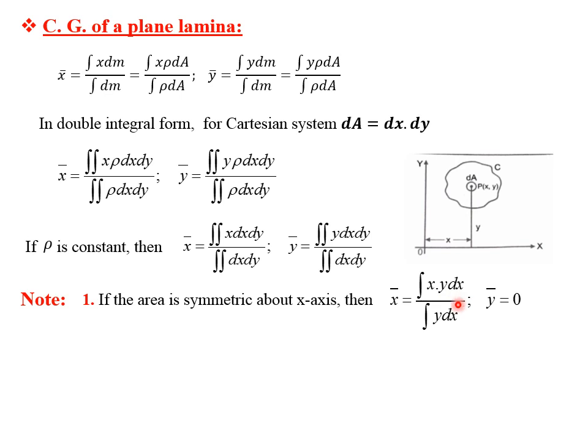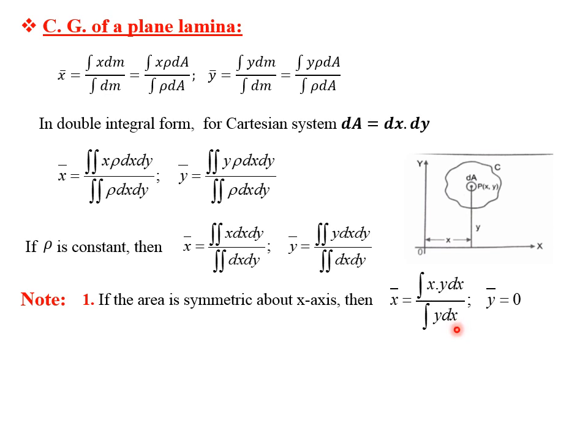As we have already studied this concept in area, when the area is symmetric about the x-axis and the x-axis itself is the boundary of that area, then the double integration dx dy will turn to a single integration y dx. So we are getting x bar is equal to single integration x y dx upon single integration y dx.